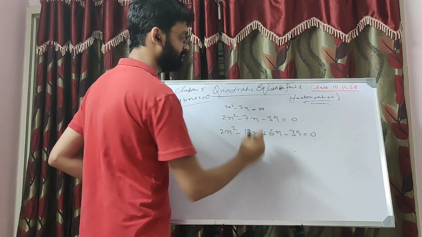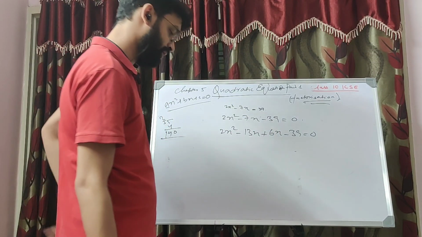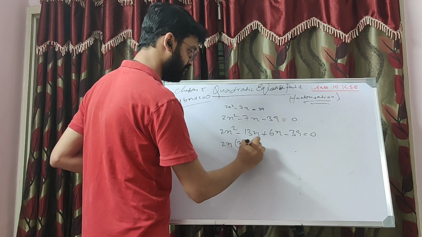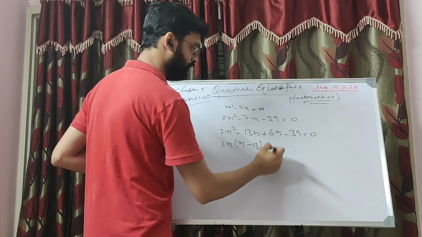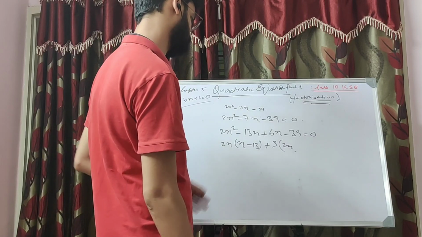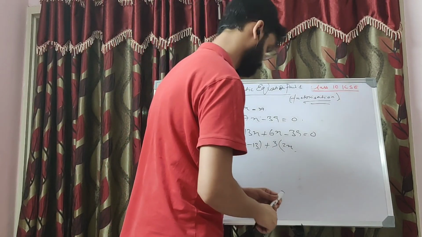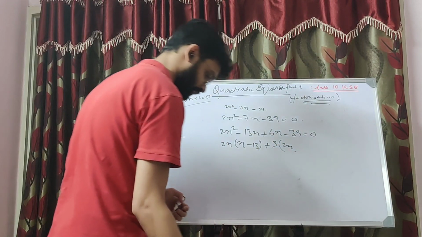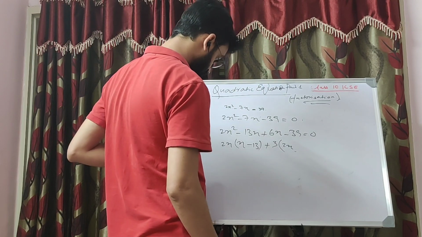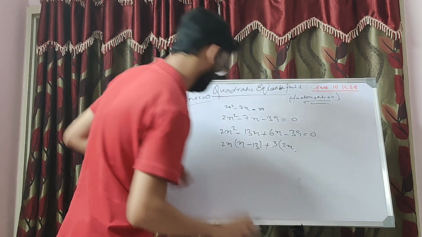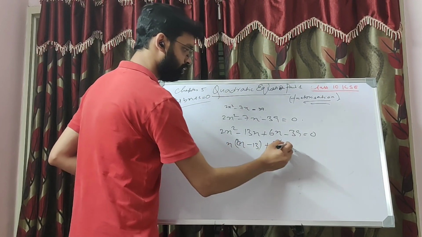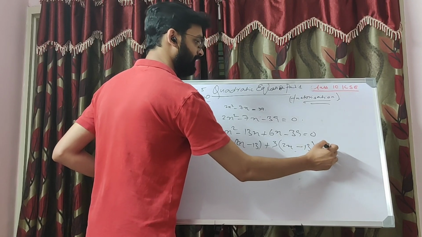Minus 13x plus 6x is again minus 7x only. So I can take 2x common out here, so here I get x, here I got 13, and here I took common 3. So here 2x minus 13 is equal to 0.